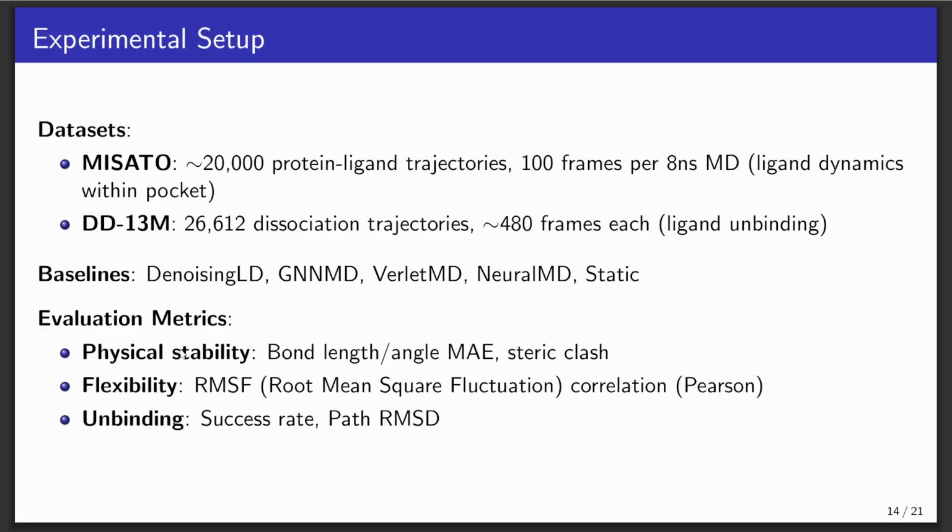The second is the flexibility, whether it can recover the RMSF, which is the root mean square fluctuation, and the Pearson correlation. The third is whether it can predict the unbinding. We can measure the success rate and the path RMSD.